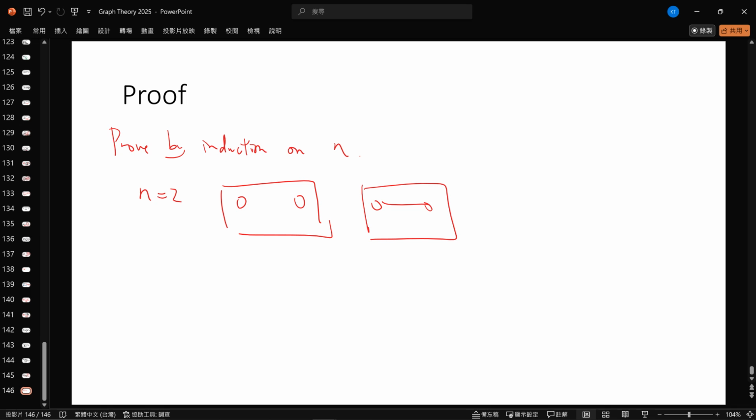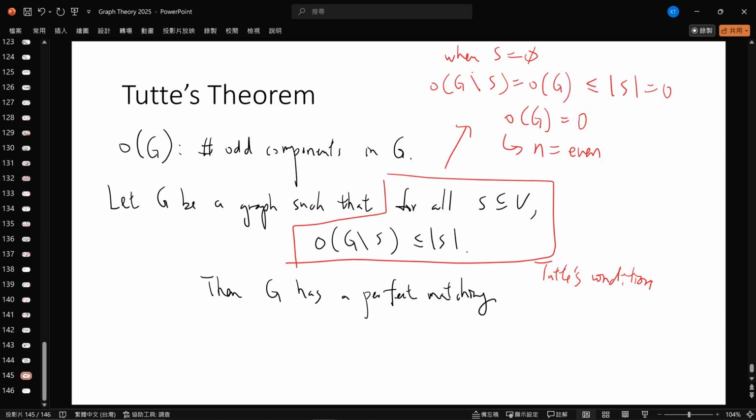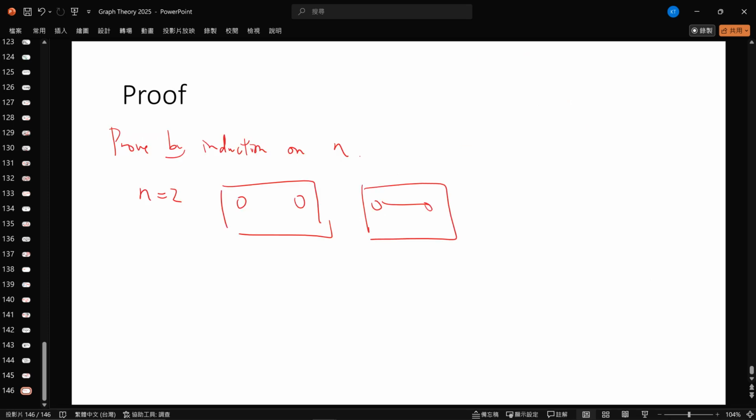Recall that the goal is to show that if the graph satisfies this condition, then it has a perfect matching. And we want to prove it by induction. So we're going to start with some small graph that satisfies this condition and show that this small graph has a perfect matching. Intuitively, we should hope that this graph does not satisfy Tutte's condition, because otherwise the theorem is wrong, since certainly this has no perfect matching.